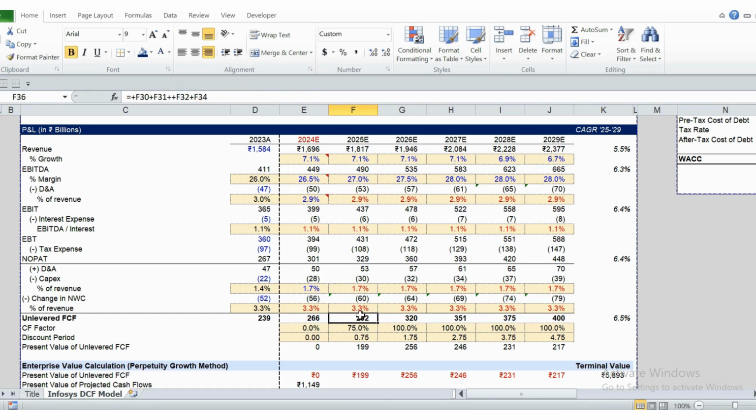So from a valuation perspective, I am only interested in the next 75%, and accordingly my discount rate period is also reduced to 0.75, and similarly the next years become 1.75, 2.75 and so on.